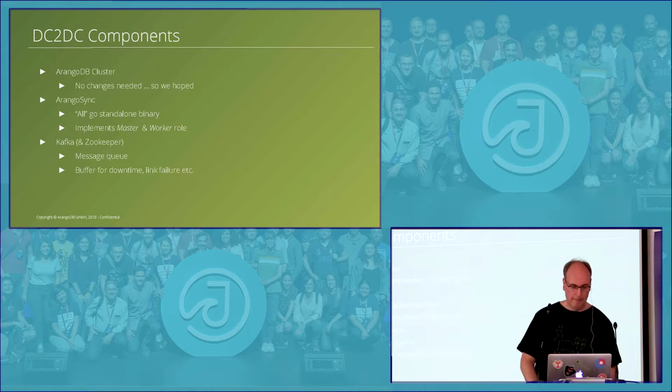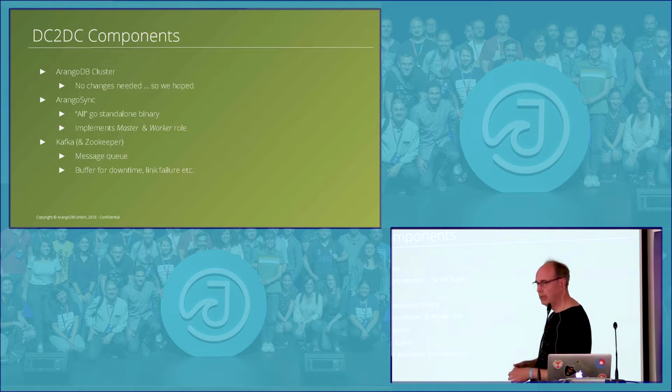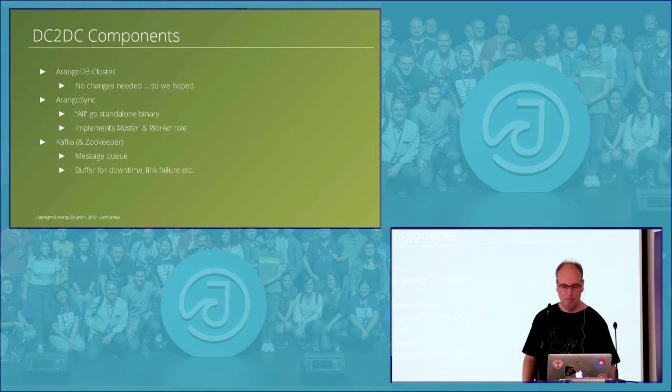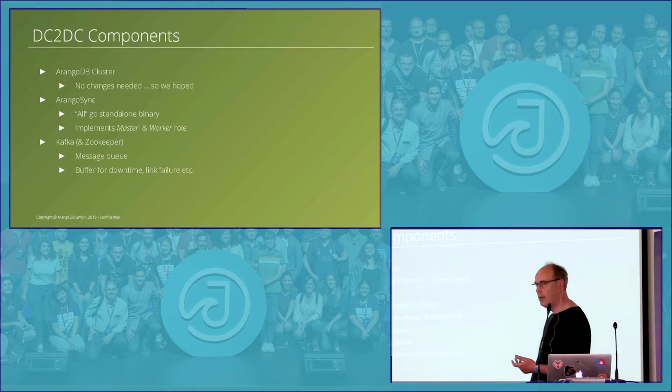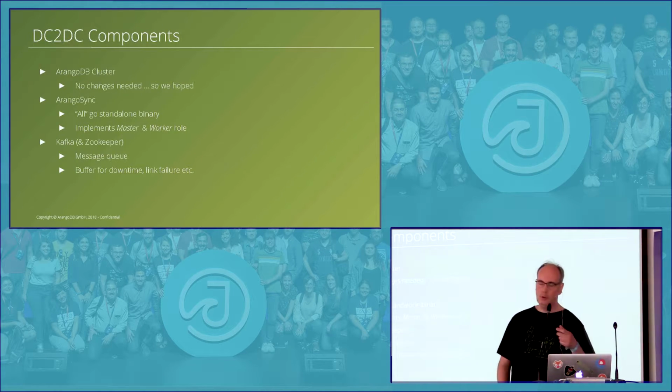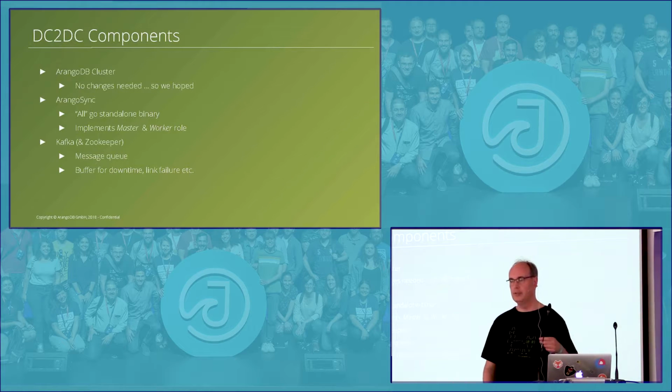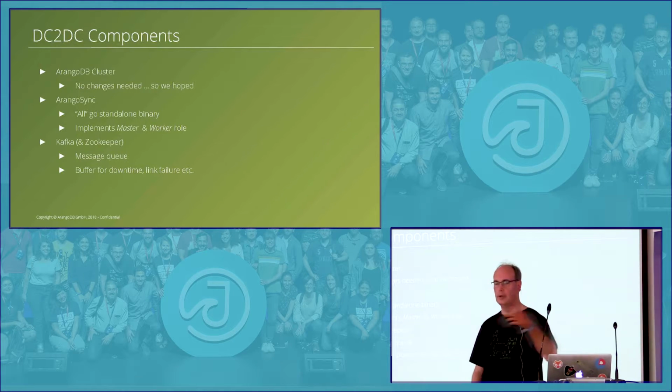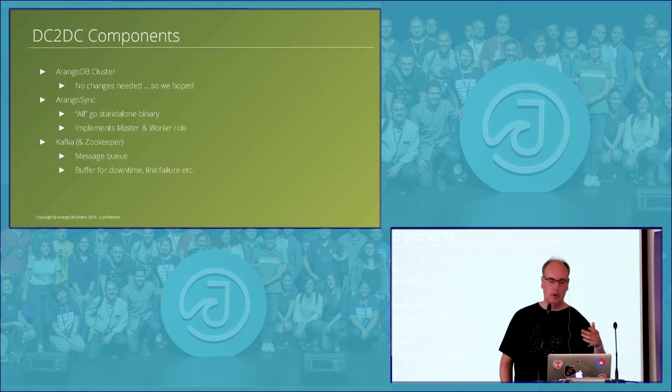And we had Kafka, and with Kafka you also get Zookeeper as a distributed key value store as a, let's say, bonus. And that was the message queue. There's also a buffer for downtime. You can imagine that if you start replicating things across data centers between, let's say, New York and India, you are guaranteed to have downtime on your network link.